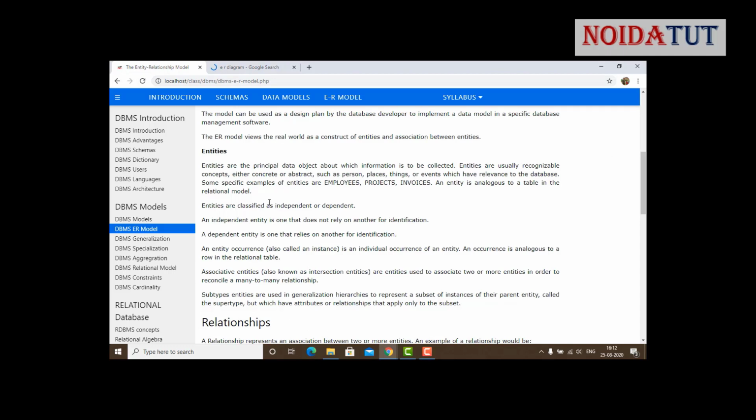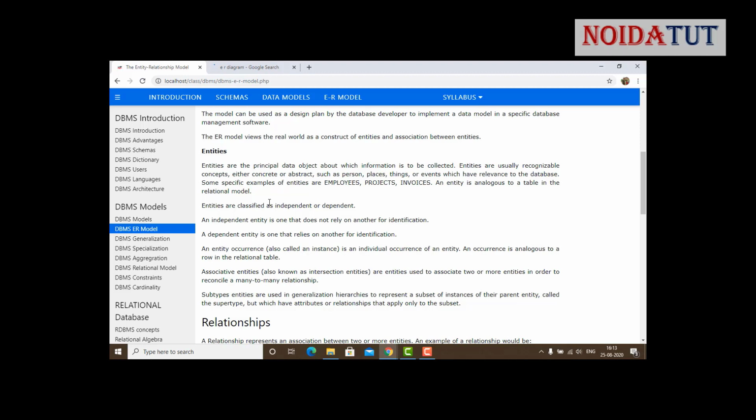Entities are the principal data objects about which information is to be collected. Entities are usually recognizable concepts, either concrete or abstract, such as persons, places, things, or events which have relevance to the database. Some specific examples are employees, projects, invoices.